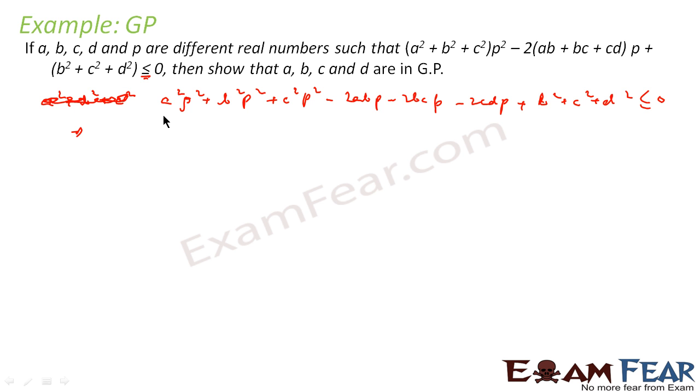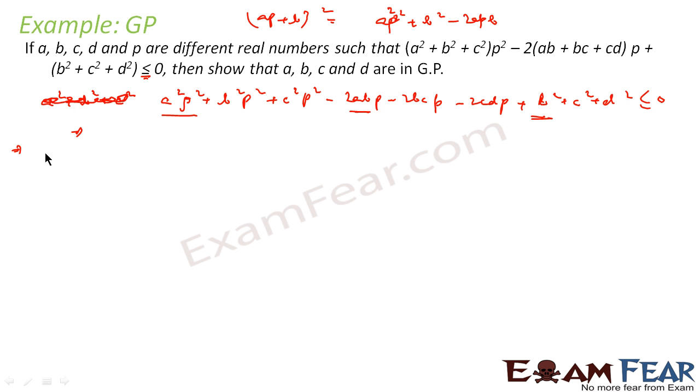Now if you take a square p square and 2abp and b square, this is nothing but (ap minus b) whole square, because expanding it you get a square p square plus b square minus 2abp.